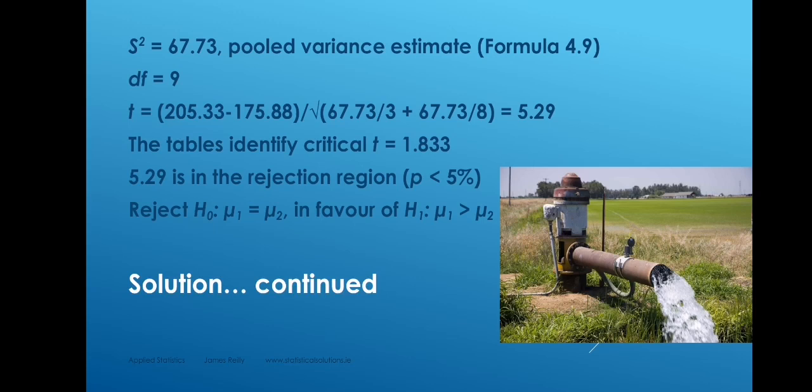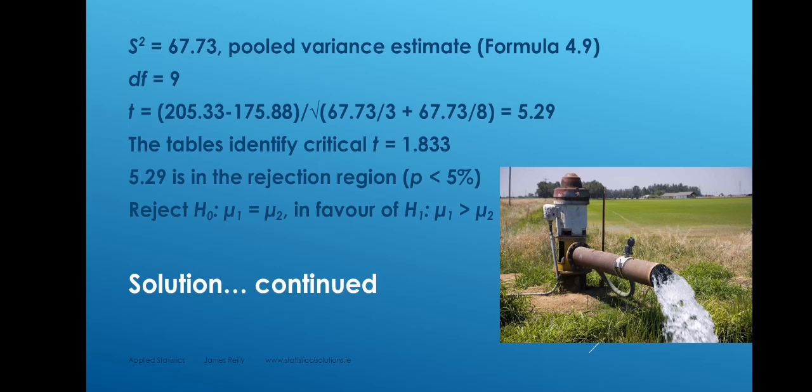And as always, we leave that figure there while we then go to the tables and see what is the critical value. So going to the t-tables with 9 degrees of freedom and looking under the 5% heading, because we have here a one-tailed test, and so we want to have 5% in a single tail. So with 9 degrees of freedom, the 5% point of the t-distribution is 1.833.